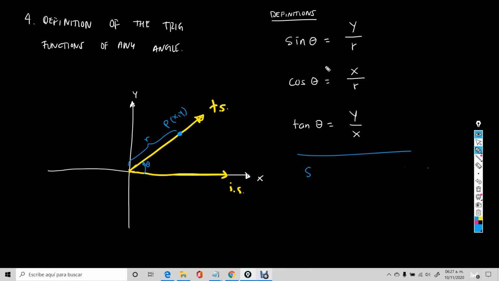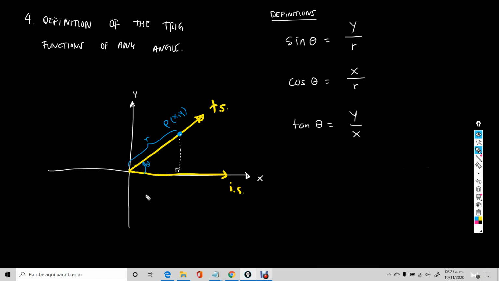Now I'm going to demonstrate to you that these definitions would actually be the same definitions we already have for the trigonometric functions of the acute angles of a right triangle. Why? Because all you have to do is this. Take this point, draw a perpendicular to the x-axis, like so.